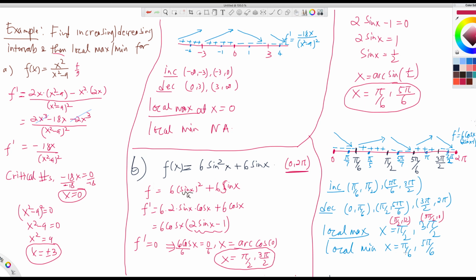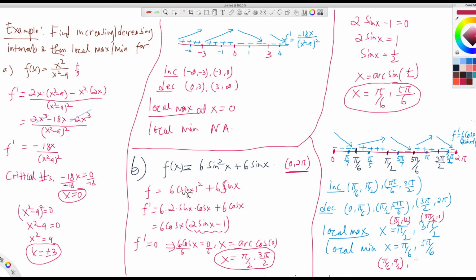Similarly, plug in pi over 6. How much is that? 6 times sine pi over 6 is 1/2 squared is 1/4. 6 times 1/4 plus 6 times 1/2. So that means 6 over 4, that is 3 over 2, plus 6 over 2. So 6 over 2 plus 3 over 2 is 9 over 2. So you can write it like this, pi over 6 comma 9 over 2.